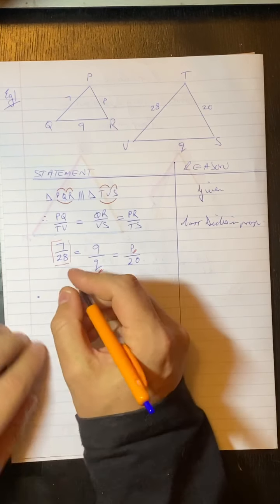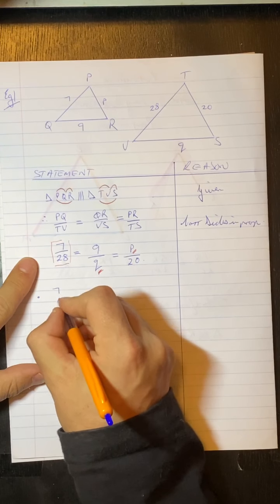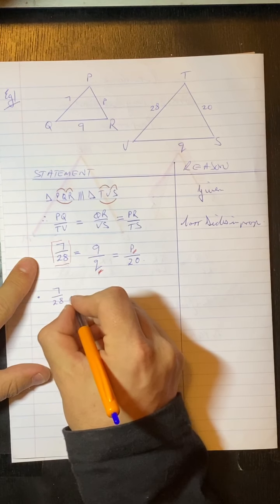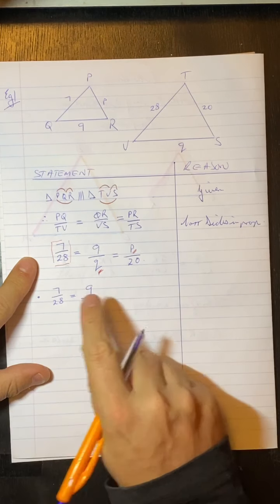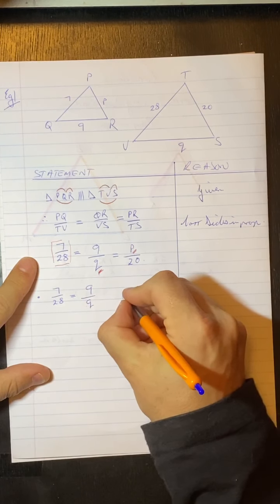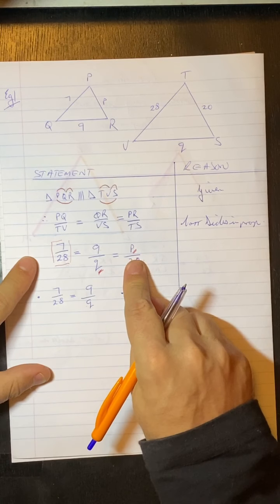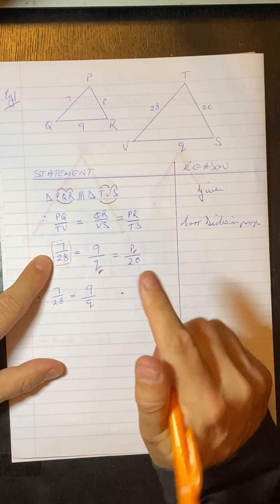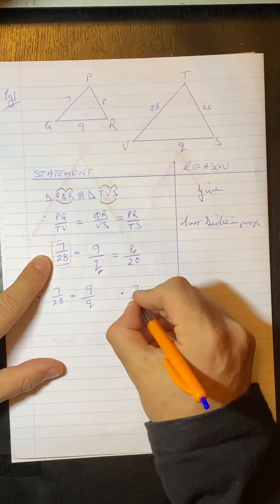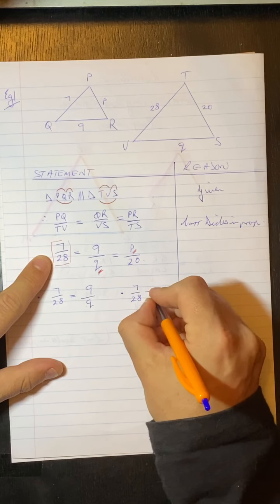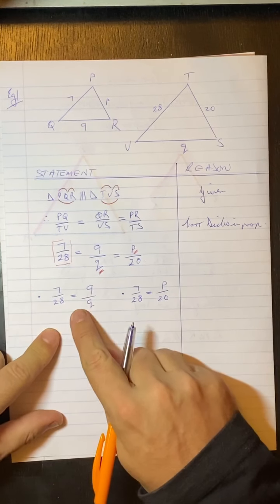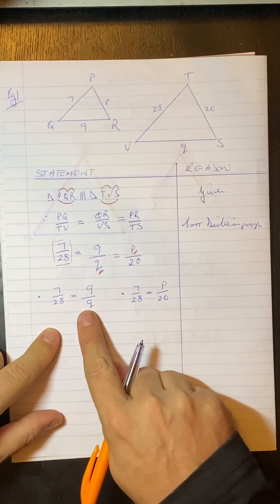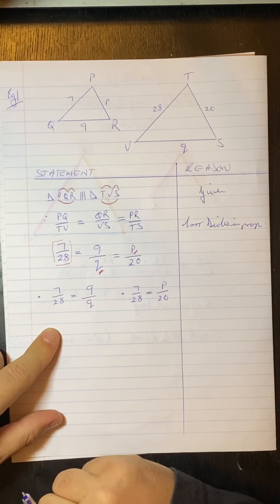I'm going to say the first one is going to be 7 over 28 will be equal to 9 over Q. That is the one. The other one I'm going to work with is now this one with our known. Okay, so we're going to get 7 over 28 is equal to P over 20. Now we have an equation that we can solve for both Q and P.